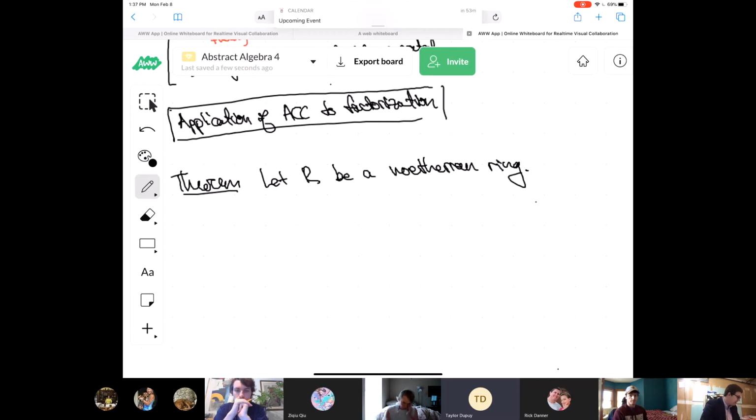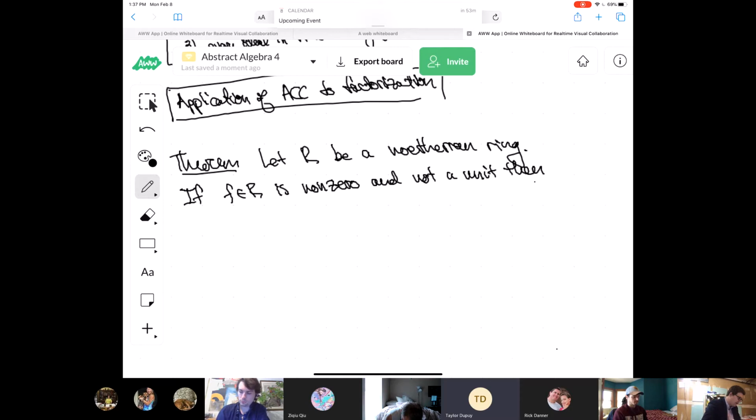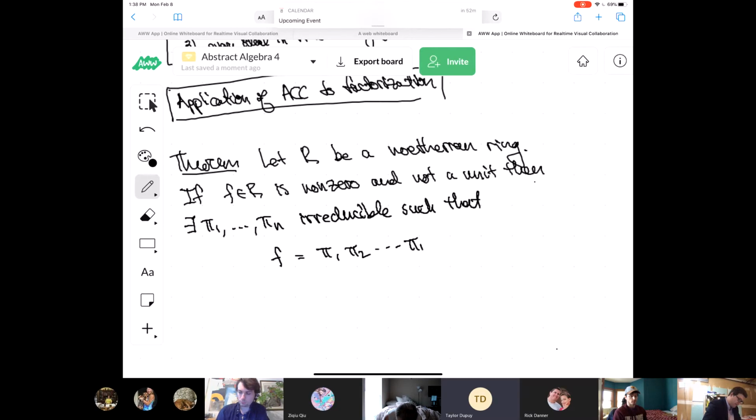Okay. So let R be a Noetherian ring. If f in R is non-zero and not a unit, then f is a product, then there exist irreducible elements pi 1 through pi n such that f is equal to pi 1, pi 2 through pi n.